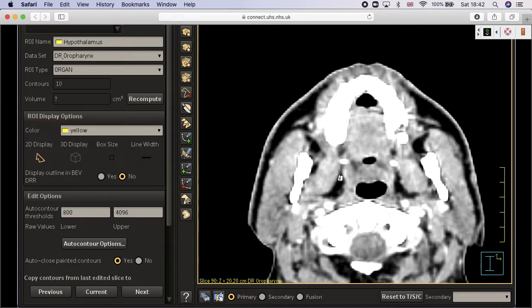One of the theories says that we are reducing the risk of pituitary failure, because the hypothalamus tolerance should stay within 12 gray. It will be interesting if you want to do more research on that. I think there is still room for a lot of research on the hypothalamus.